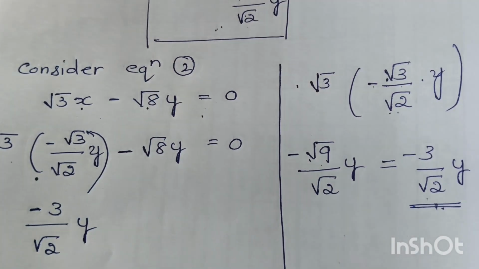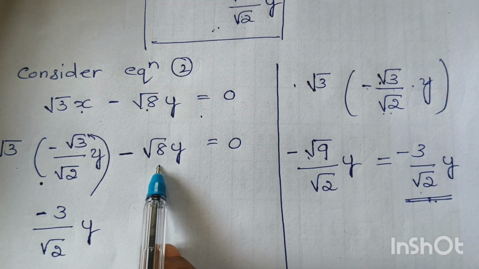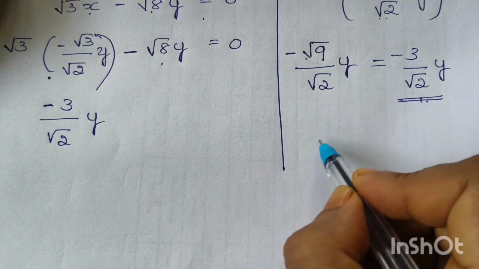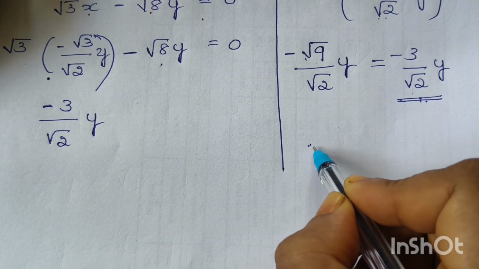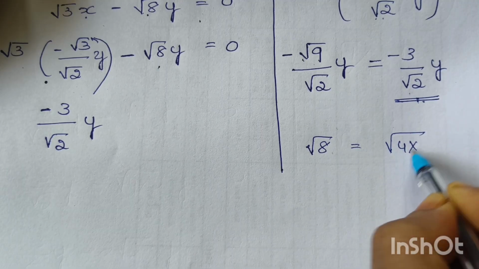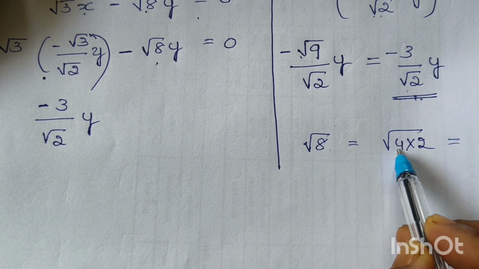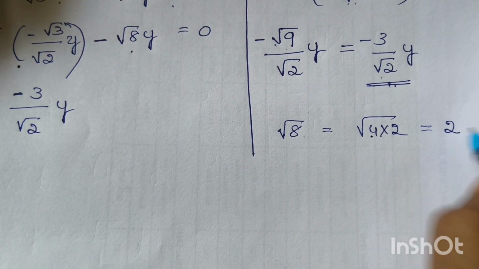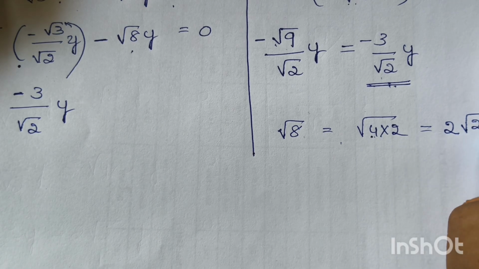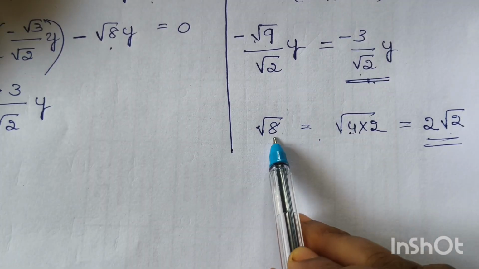Now look at the second term, minus √8y. How can it be simplified? √8 can be written as √4 times √2, since 4 twos are 8. √4 is nothing but 2, so we can take 2 outside, and it is 2 into √2.